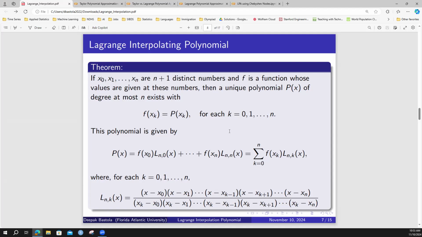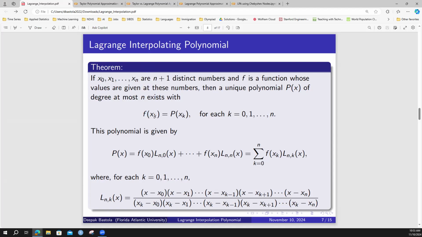Who told us that exists? We talked about that in the previous slide. Weierstrass told us there is a polynomial that exists and that can approximate the continuous function, right? So that's how we are developing this Lagrange theorem with the help of Weierstrass's theorem, right? So we have a polynomial P(xk) here that can approximate our function f(xk).